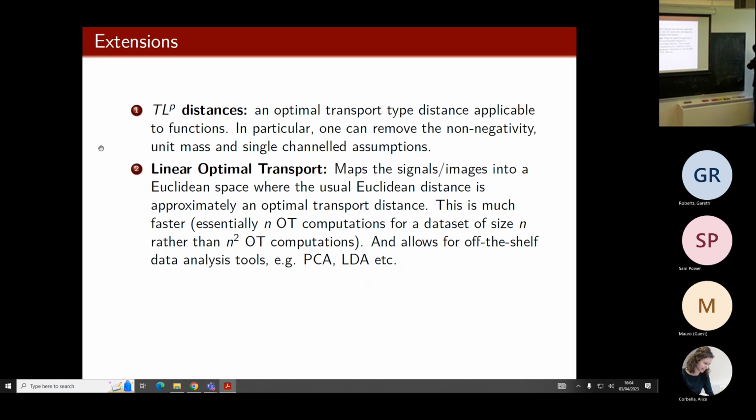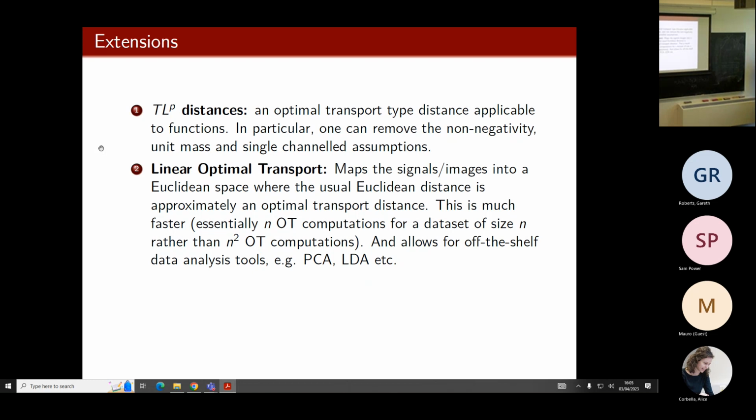Of course, the Wasserstein space does have curvature, but still, when we pick our reference point, we know that the Wasserstein distance between the reference point and our image is exactly equal to the Euclidean distance in the tangent plane of this projection with the reference. Then we make the approximation that if you take 2 different points in the Wasserstein space, their distance is approximately the same as the distance in the tangent plane.